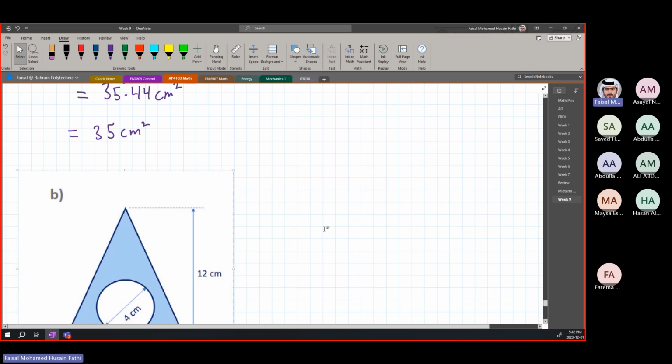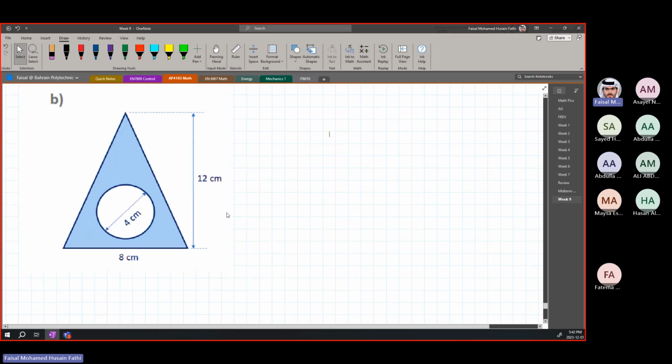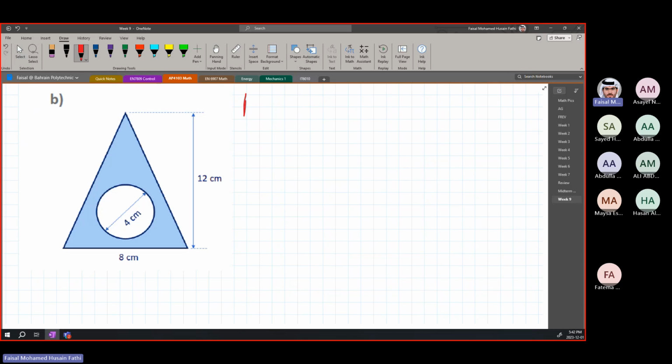When you have a shape within a shape, you're going to have two types of perimeters: the inner perimeter and the outer perimeter, and your total perimeter will be those combined. So the perimeter is equal to inner perimeter plus outer perimeter.